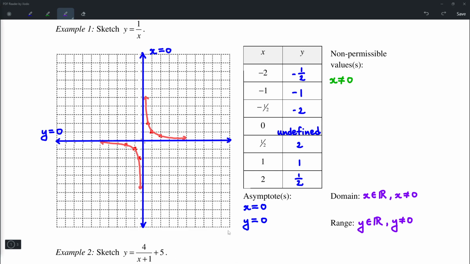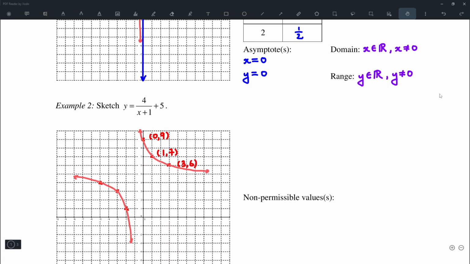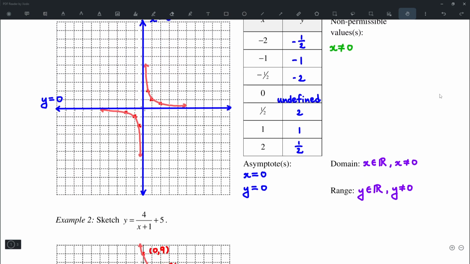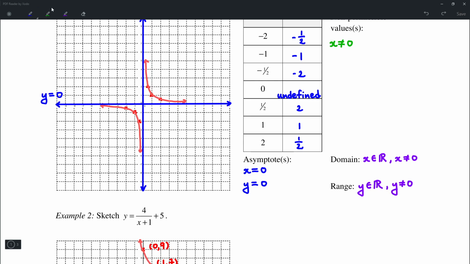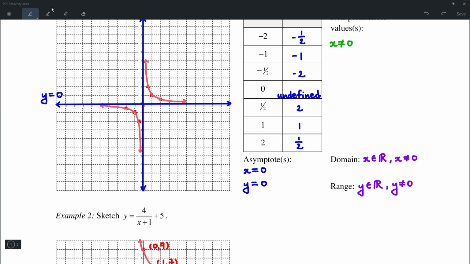So next we have example 2, a transformed form of example number 1. So there are 3 transformations that we're looking at. The first is this 4 here, which is going to be a vertical stretch by a factor of 4.